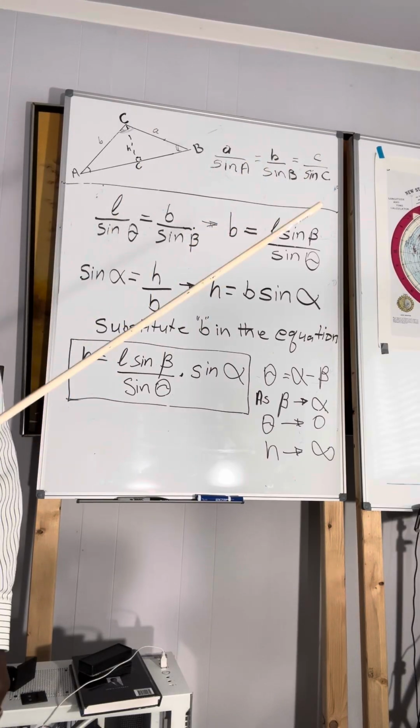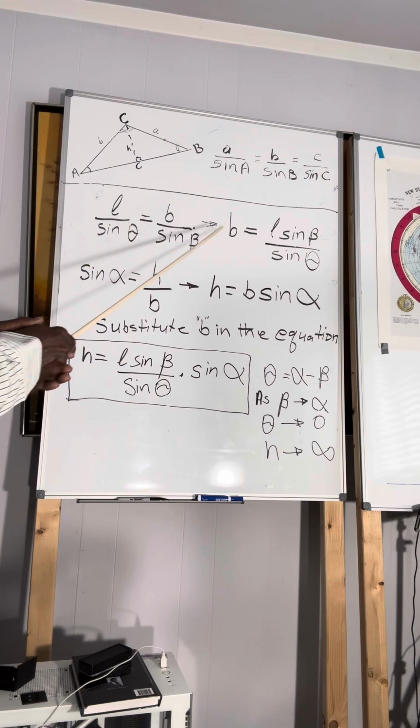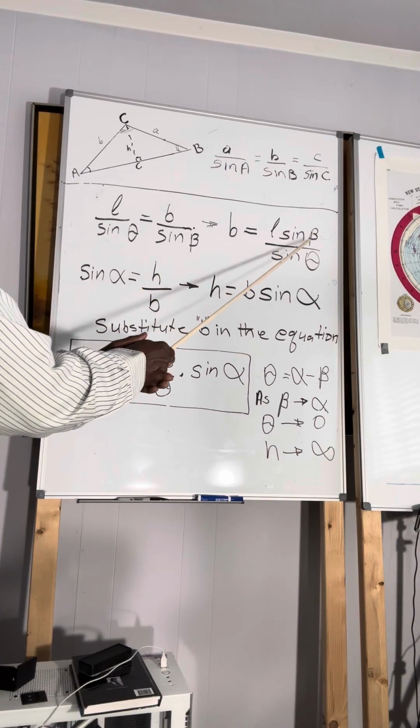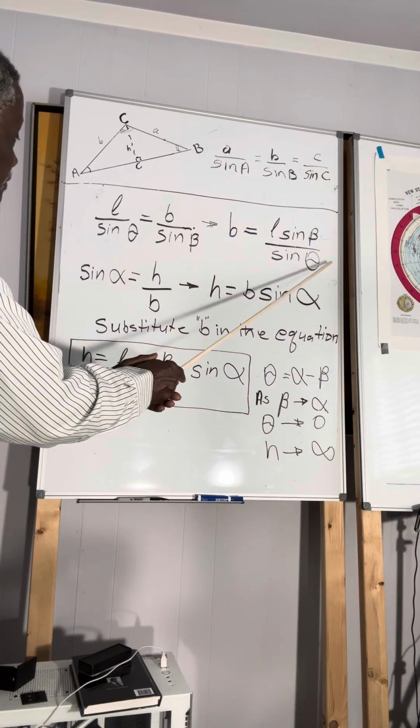Now, I want you to be familiarized with this so we can go back to how we can deduce the formula. If you remember the diagram I showed you on the other side, I can project it here. L over sine theta is equal to b over sine beta. From this equation, b is equal to L sine beta divided by sine theta.